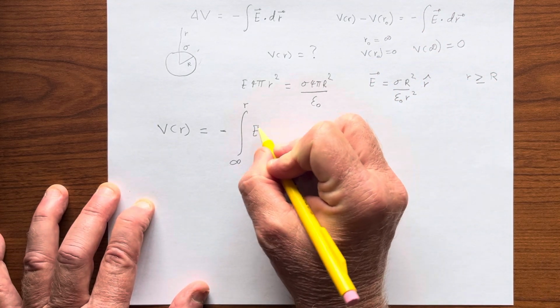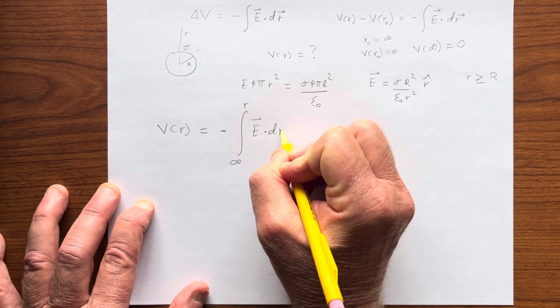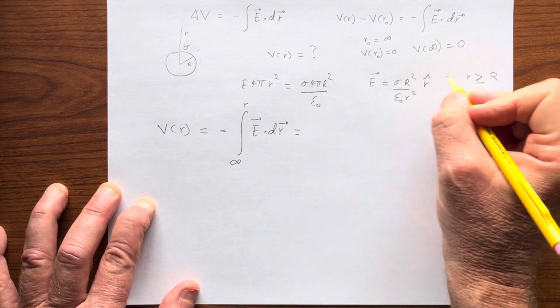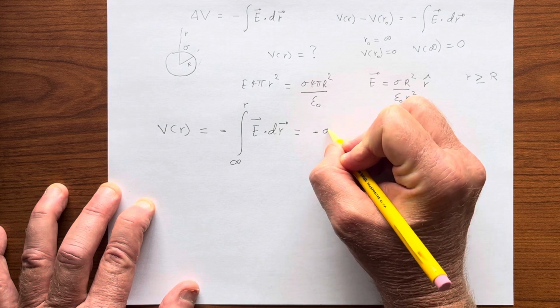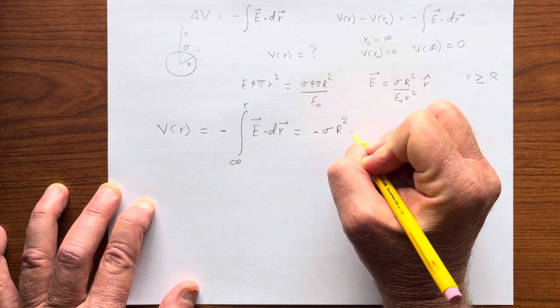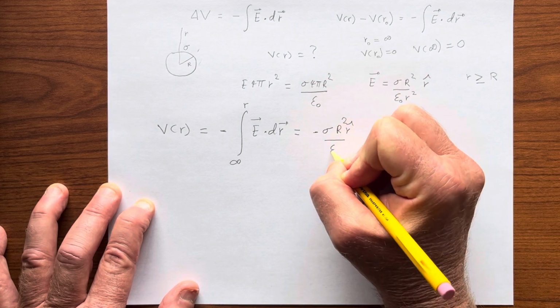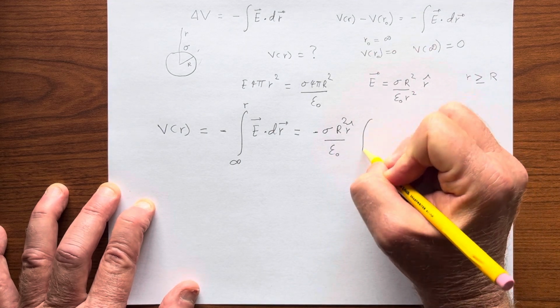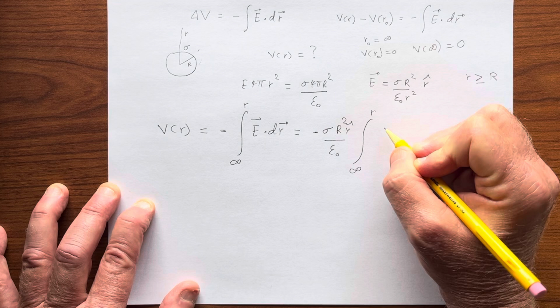So this becomes minus the integral of E dot dr. We found the electric field, so we put it in here: sigma capital R squared r hat over epsilon naught, with a variable 1 over r squared, from infinity to r.